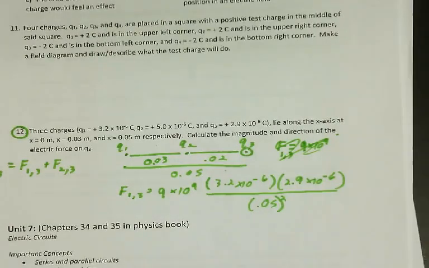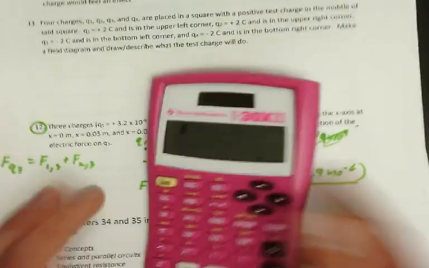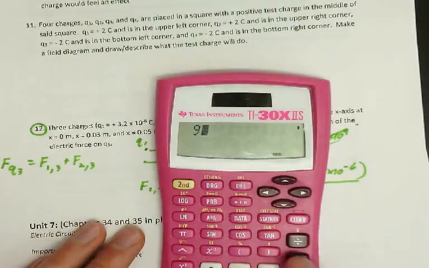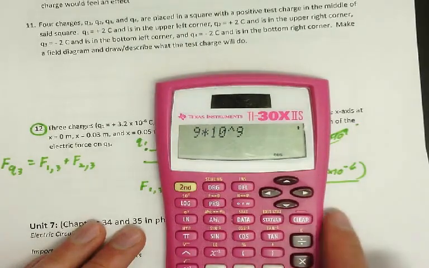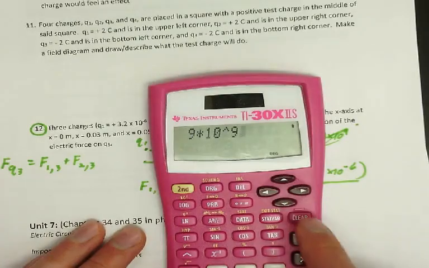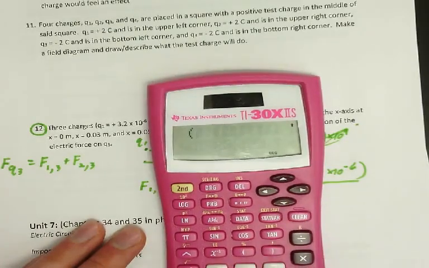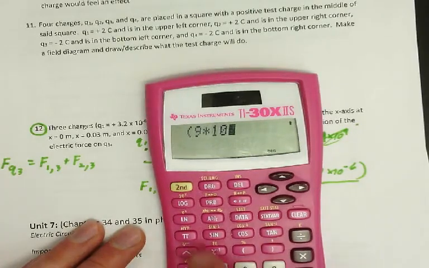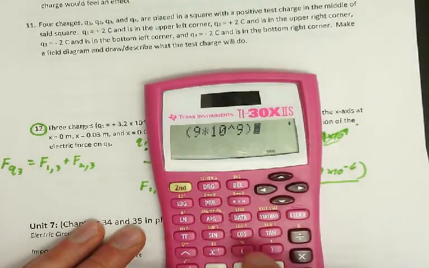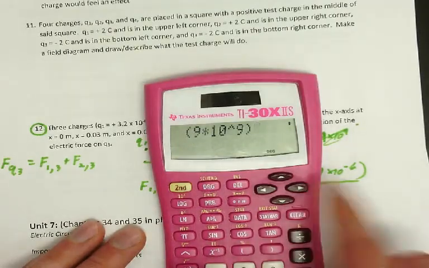So you just have to put all the numbers in. If you're putting it in like this, 9 times 10 to the 9, you have to put things in parentheses. So parentheses 9 times 10 to the 9 in parentheses, and then do your next number.